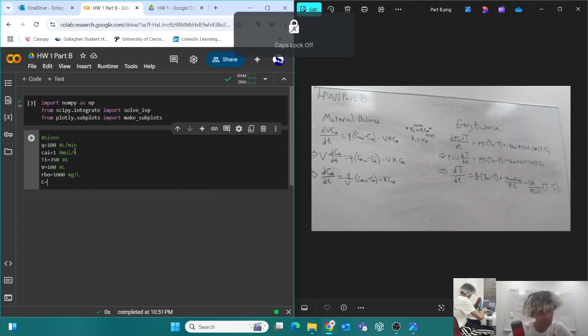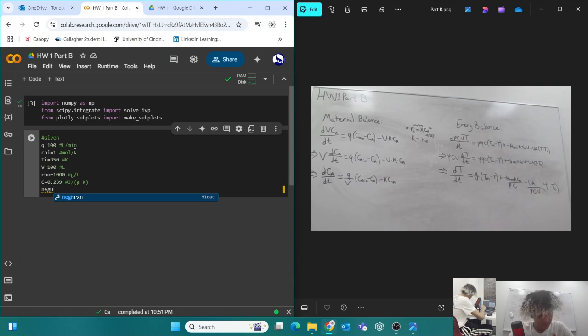And we have heat capacity, which is equal to 0.239 joules over grams times Kelvin. And then we have a negative HR, which is 5E4 joules over moles.